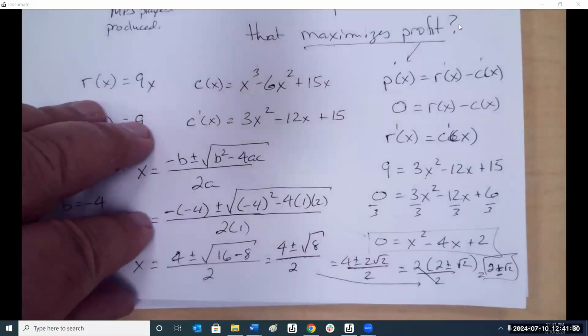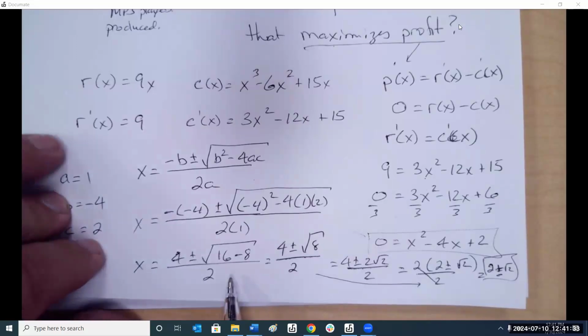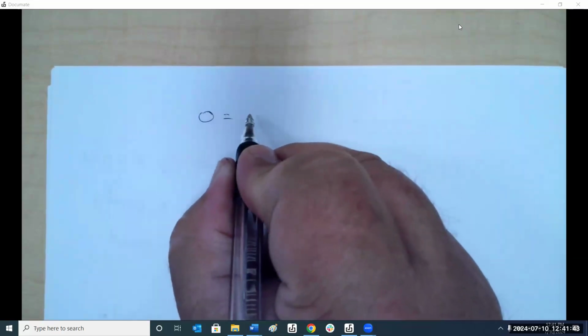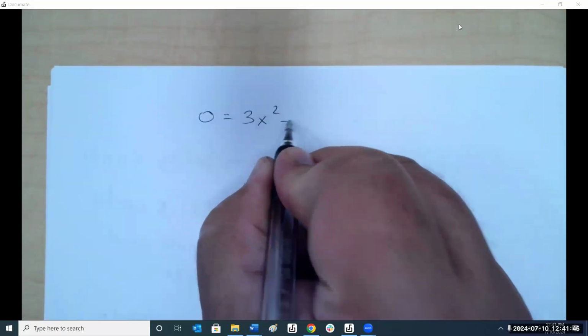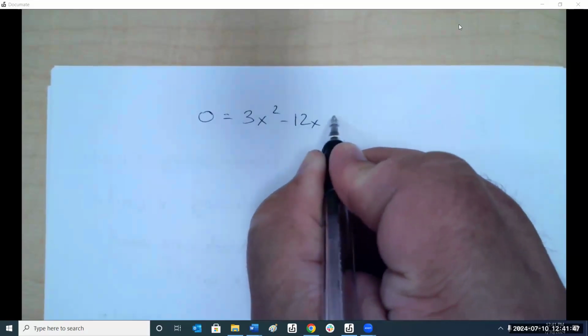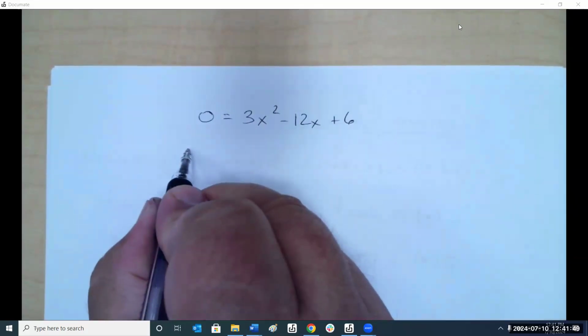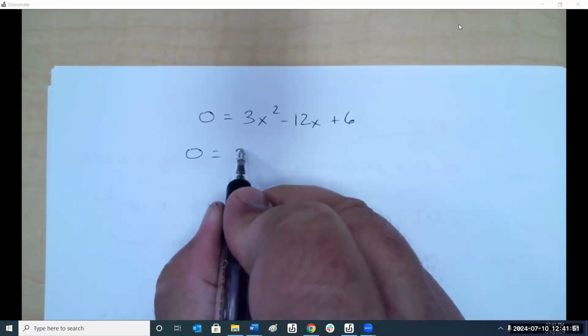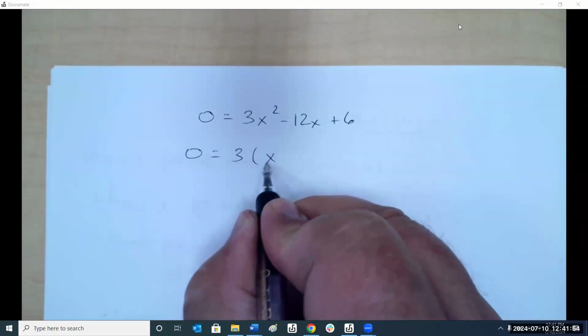Let me write it on the other side. Is everybody okay up to here? I'll do the quadratic formula on the other side, I'm sorry. So we had 0 equals 3x squared minus 12x plus 6. I factored out a 3 from everybody.